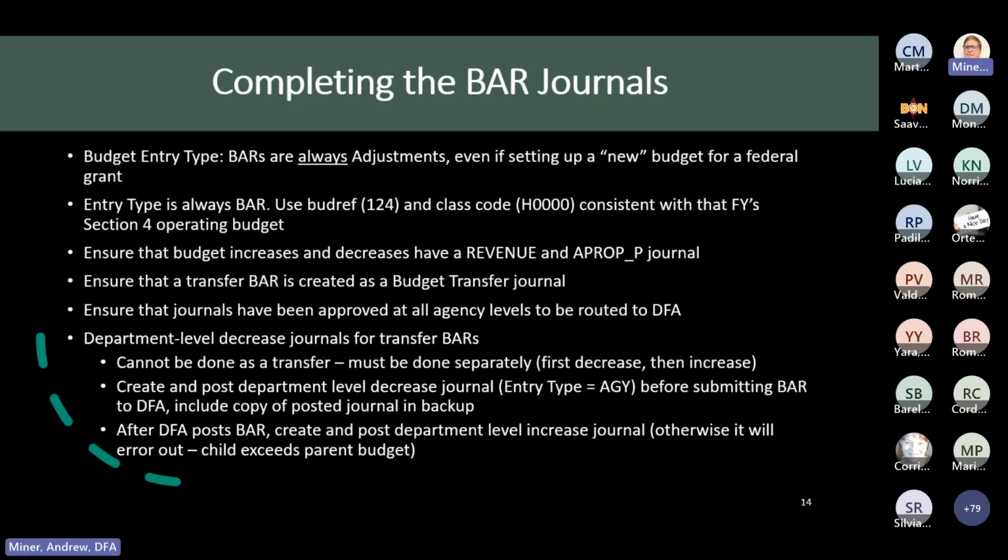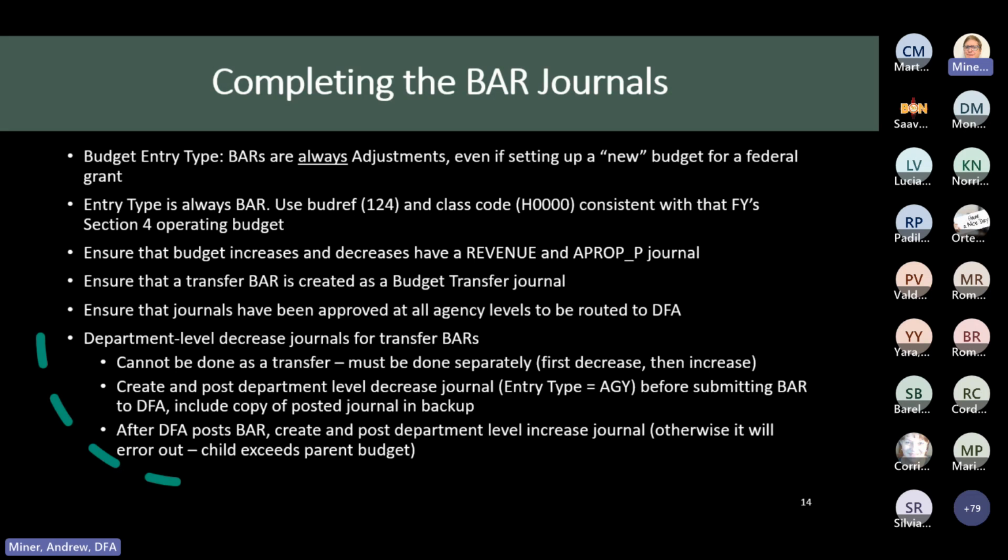Make sure that the journals have been approved at all agency levels to be routed to DFA. This is, I think, let's say an imperfect design with SHARE 9.2 that went live like 5 or so years ago now, but the system is not that well set up for the DFA level of oversight because I don't think it was taken into consideration. Basically, that means there are 2 levels of routing and submitting that you have to do.